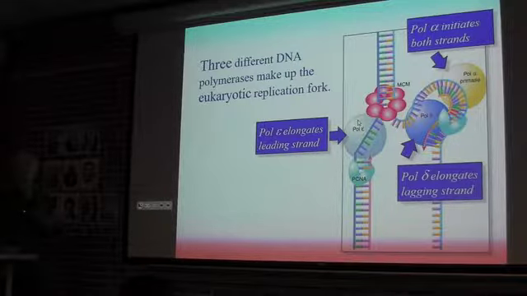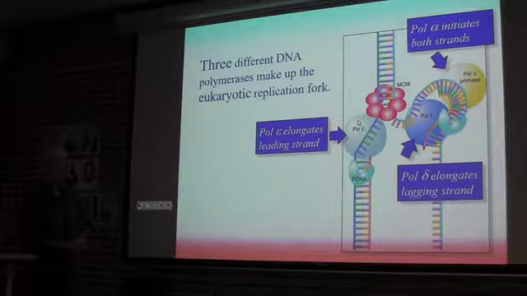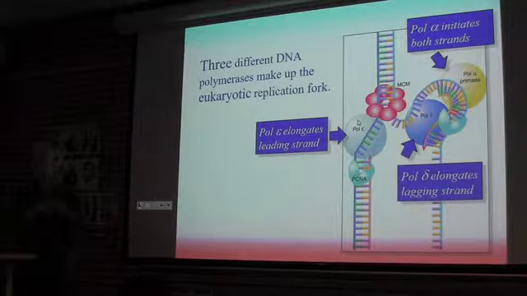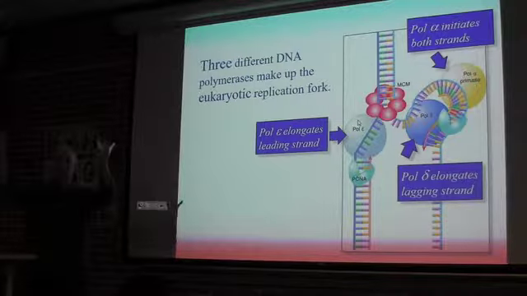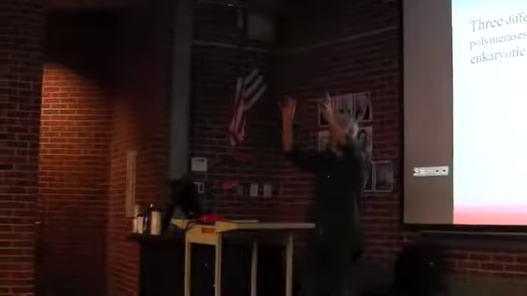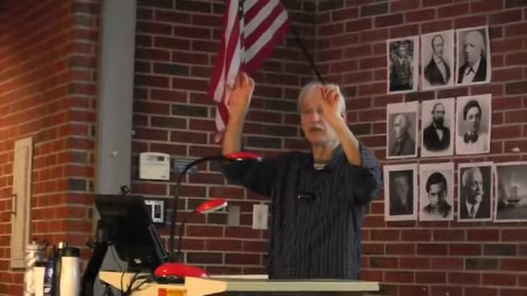What is DNA G? What's the primase in a eukaryote? It's called polymerase alpha, and this is really two polymerases in one enzyme. Each subunit has a different catalytic activity. It has an RNA polymerase in the same complex as a subunit with a DNA polymerase.